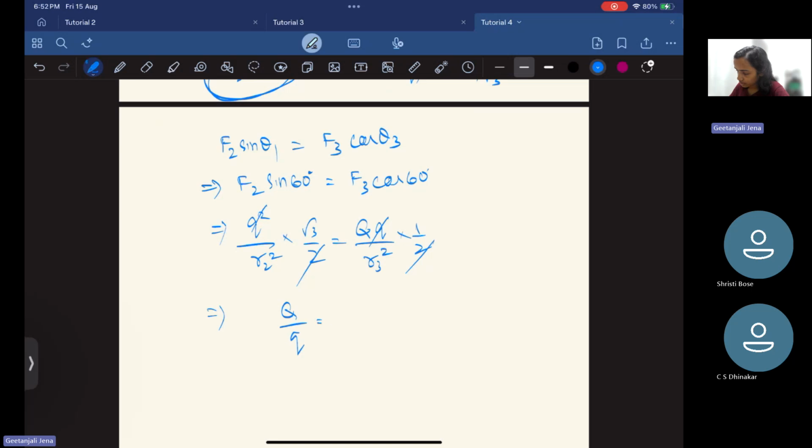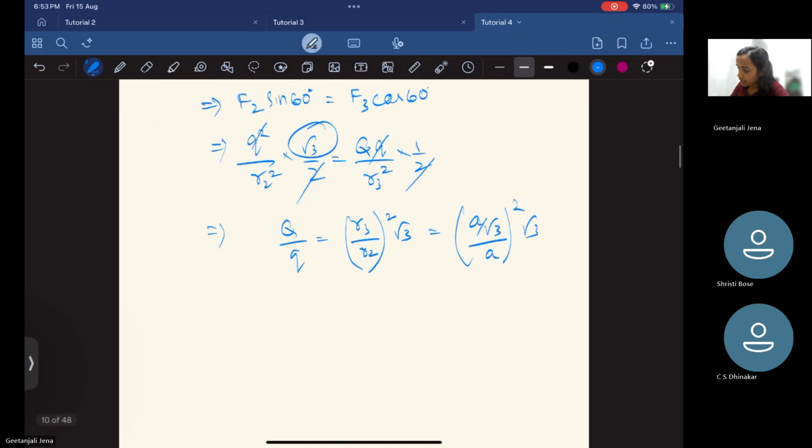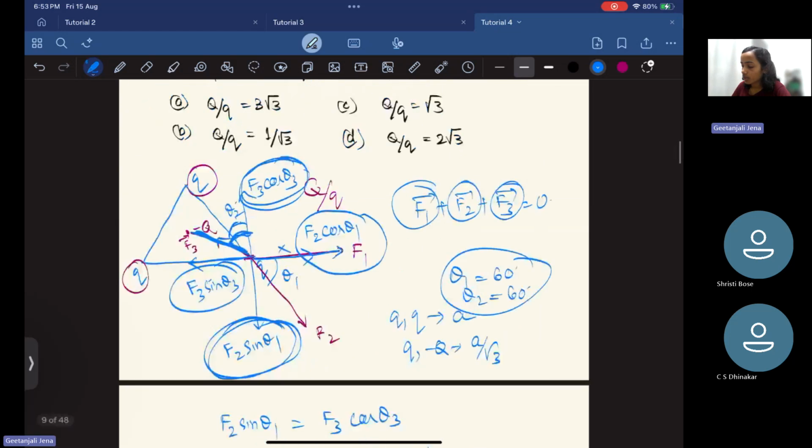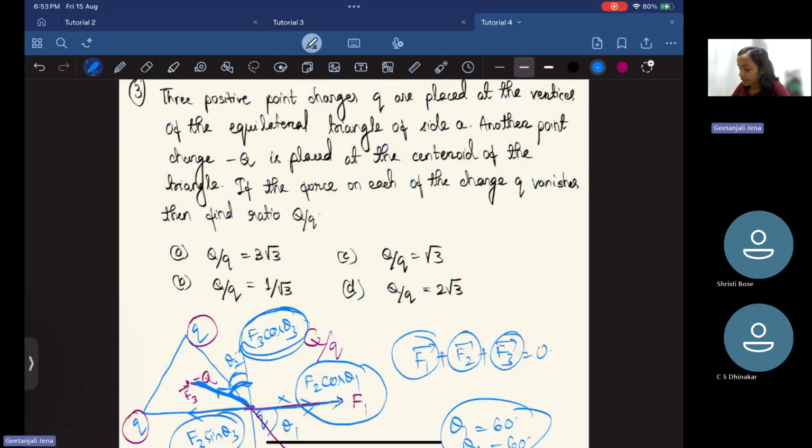Q by q is R3 by R2 whole squared multiplied by root 3. This R3 is A by root 3 and R2 is A. You can easily check, this will come out as 1 by root 3. So the answer will be option B.